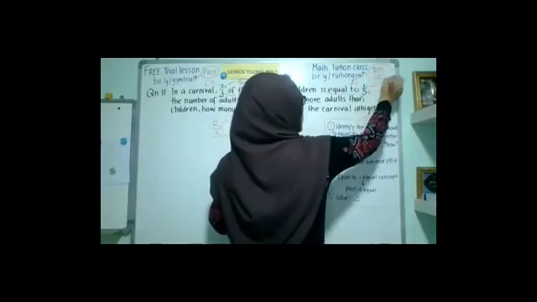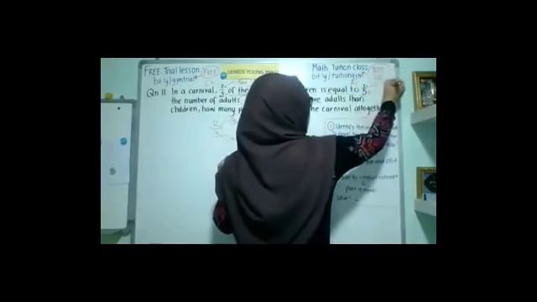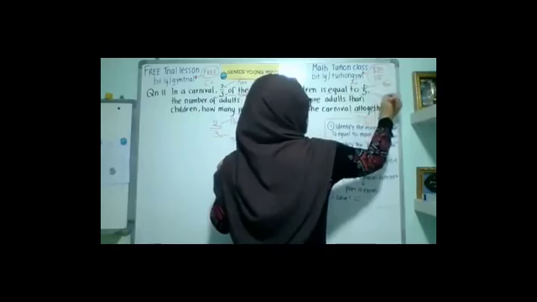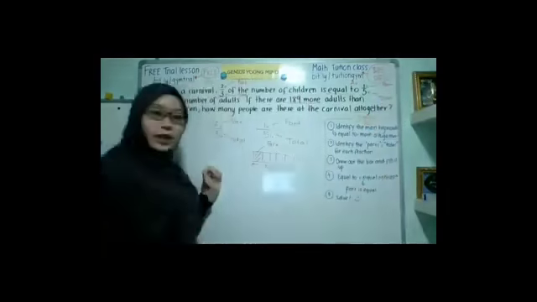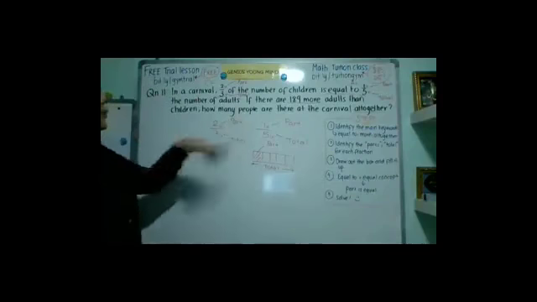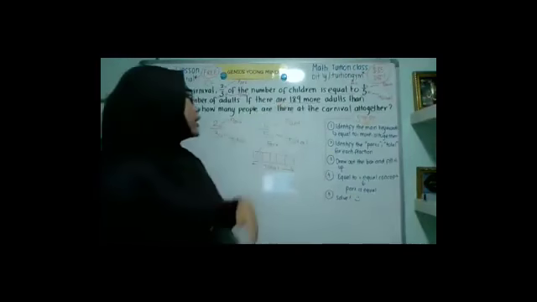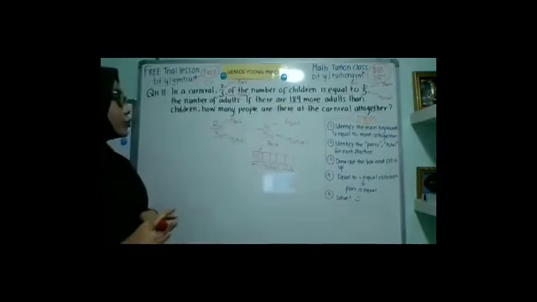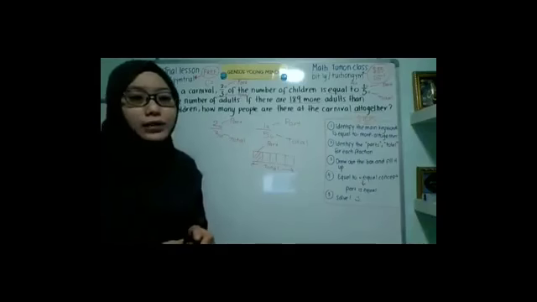So this one is my adults, 1 unit and 5 units. 1 unit is my part, 5 units is my total. Clear so far? Then we know that there are 189 more adults than children. How many people are there in the carnival altogether?